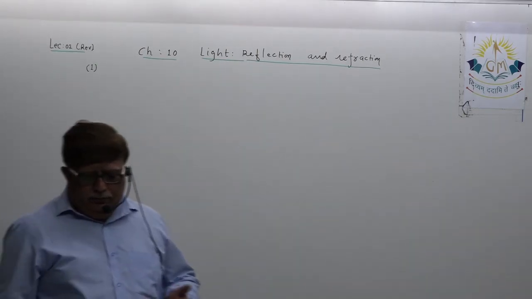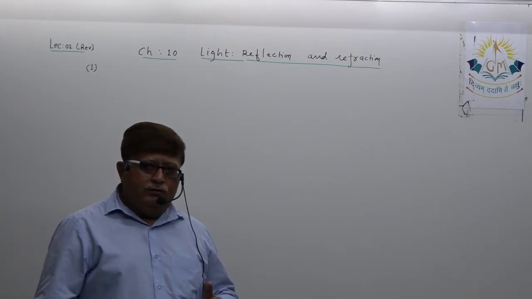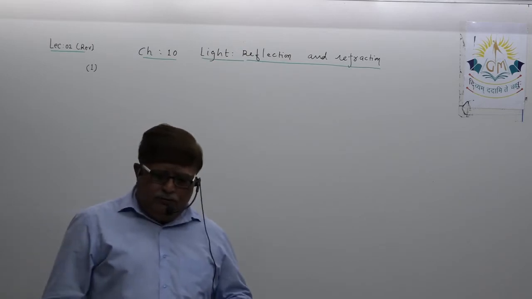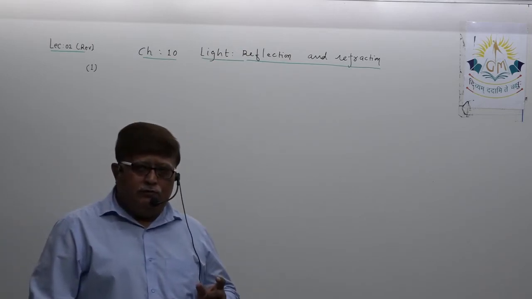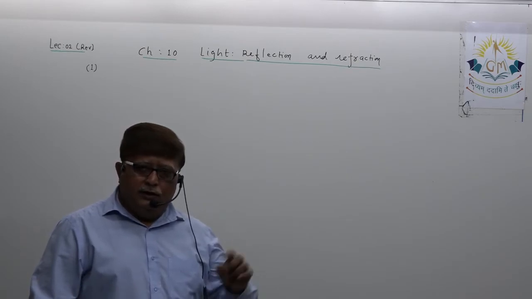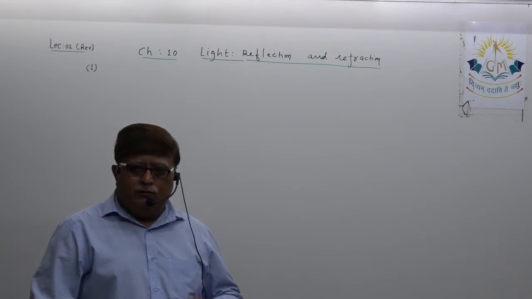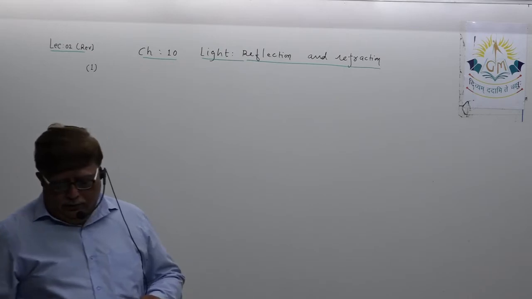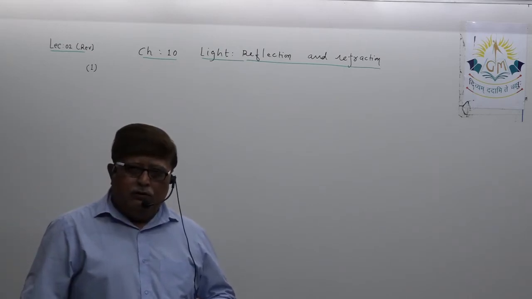An object 4 centimeter in size, which means the height of the object is given, is placed at a distance of 25 centimeter in front of a concave mirror.